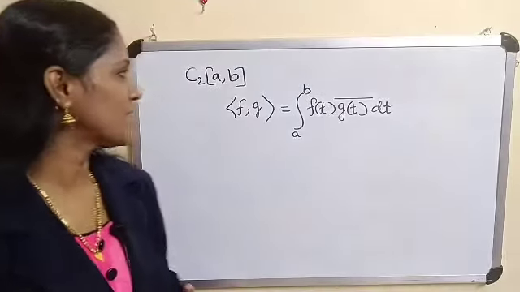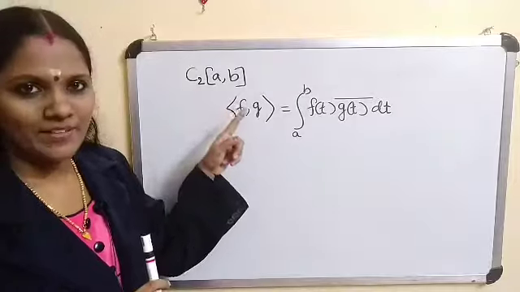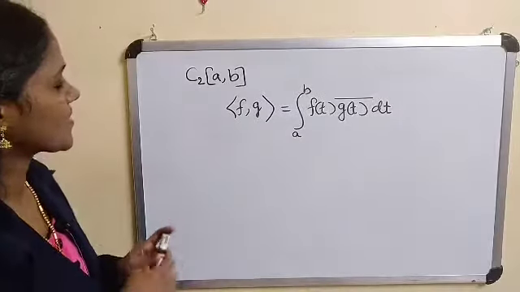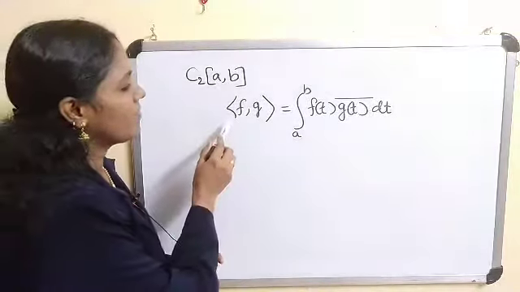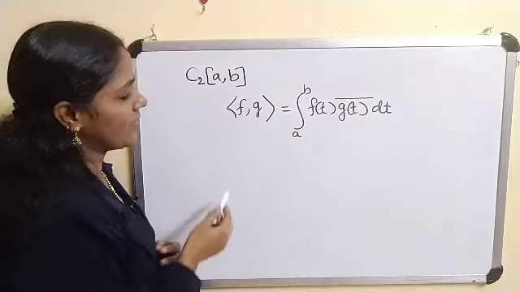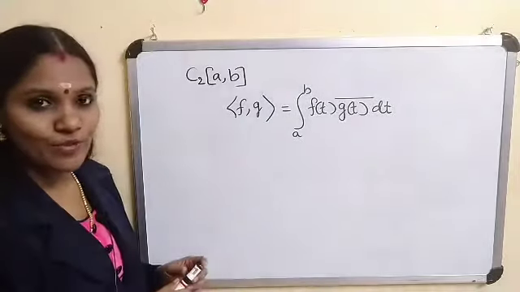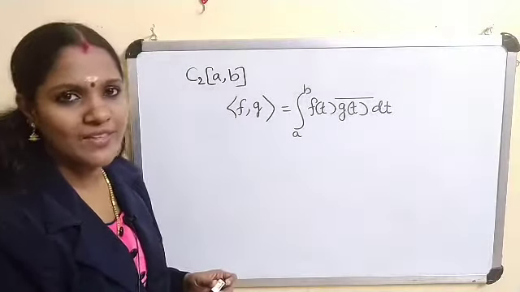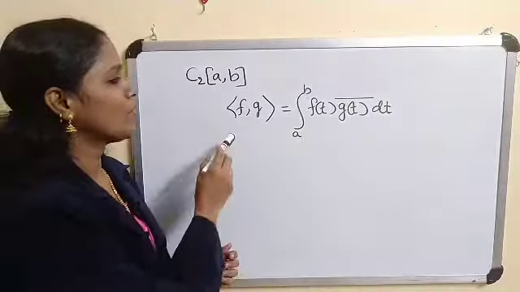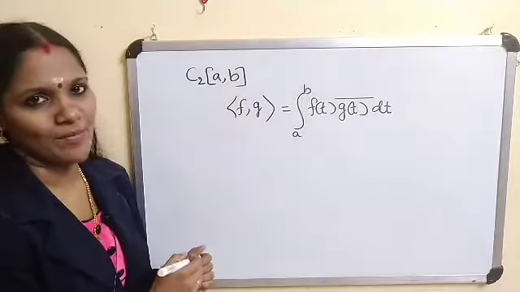Next example is on C2[a,b], the space of all continuous functions. Here we define the inner product of f and g as the integral from a to b of f of t into g of t conjugate dt. Now we have to prove this defines an inner product.